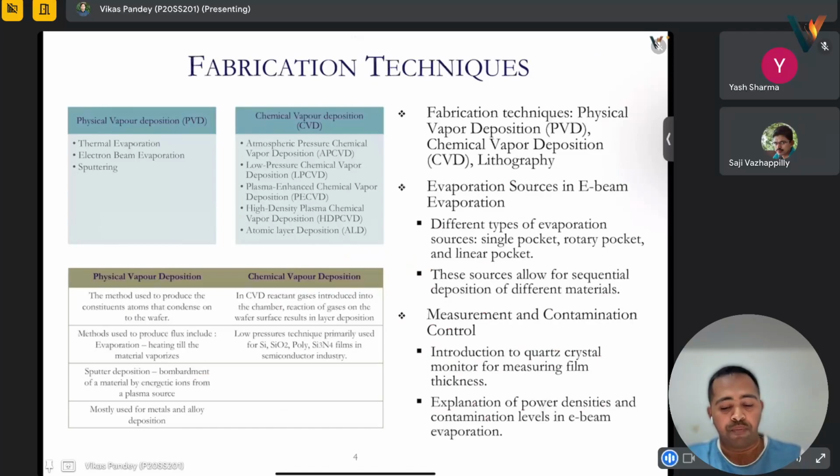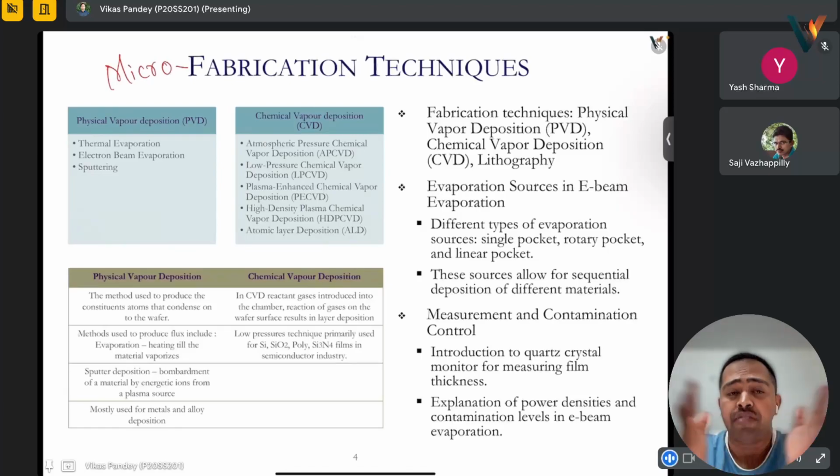Okay. So let's move to some fabrication techniques. Fabrication techniques here means microfabrication techniques. This itself is a very vast field.